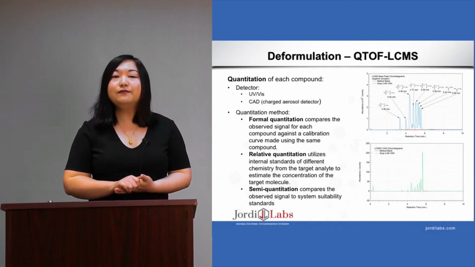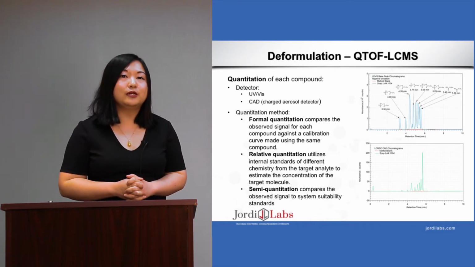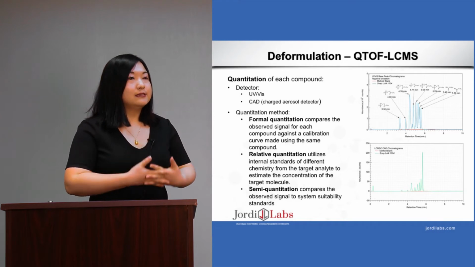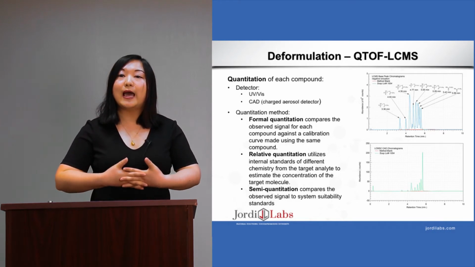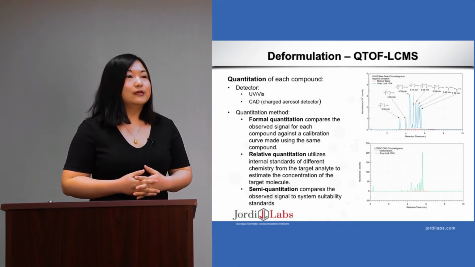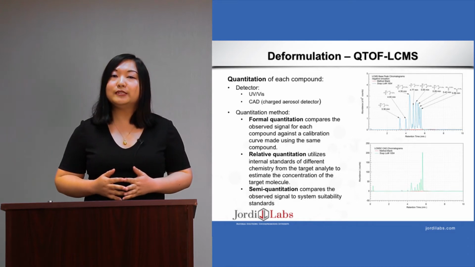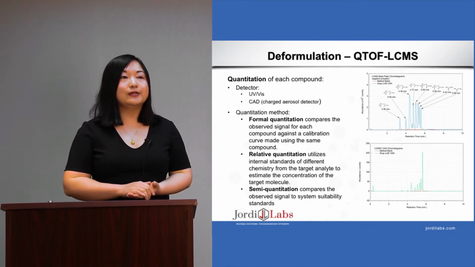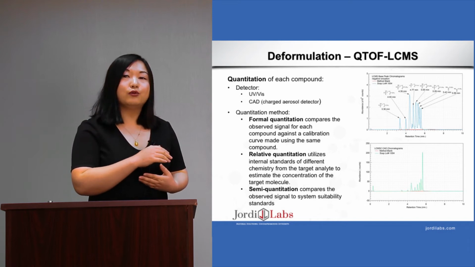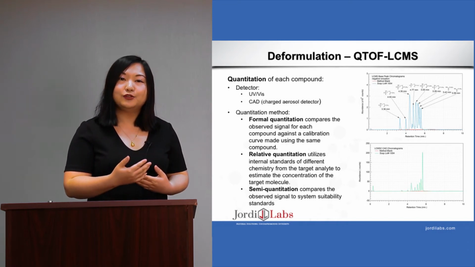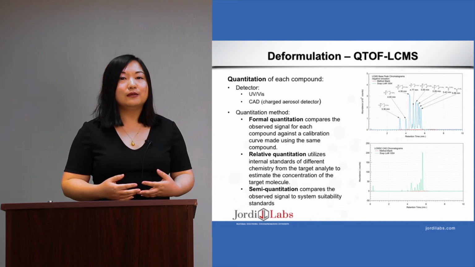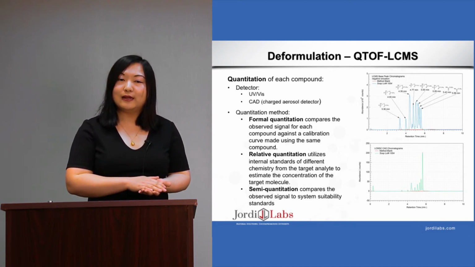And there are different types of quantitation we do here at Jordi Labs. As you can see, the difference is really the accuracy of these methods. For example, formal quantitation has the highest accuracy because we compare the signal of our analyte of interest with standards, which is the analyte itself.